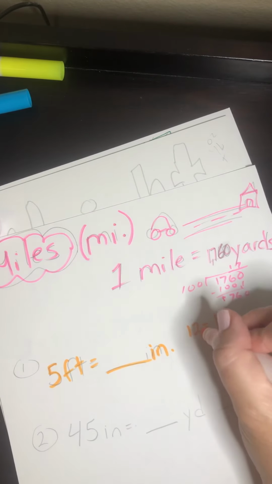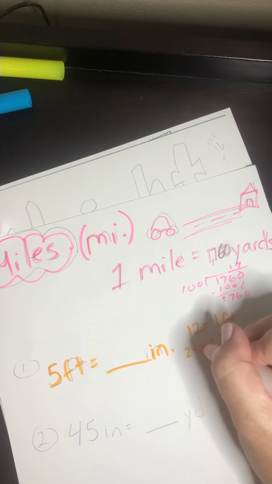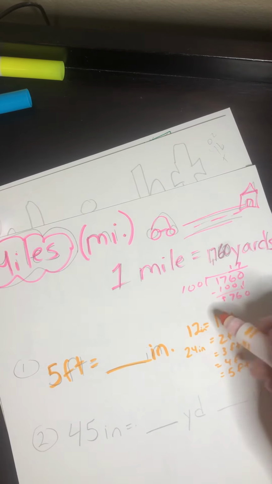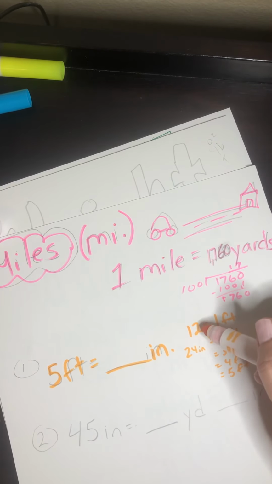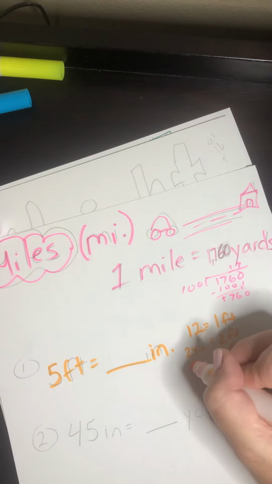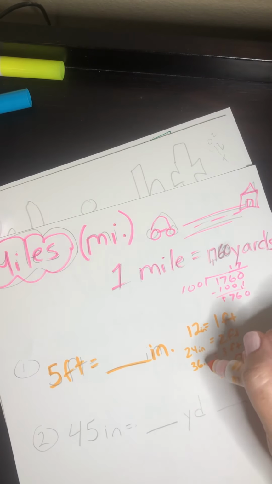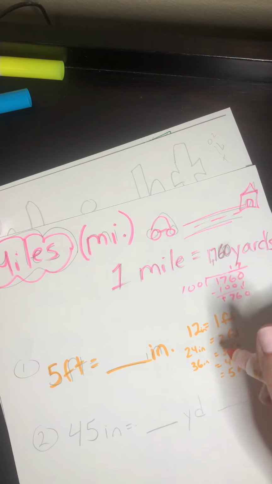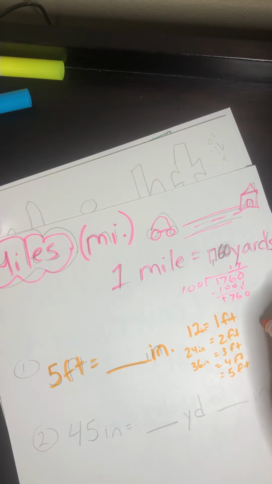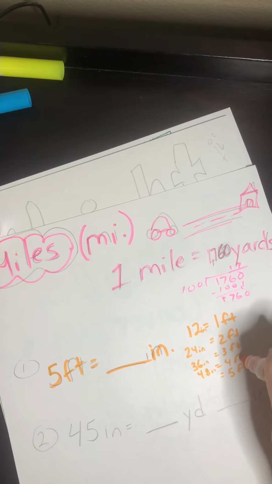So 12 inches equals 1 foot. 24 inches equals 2 feet. So all I'm doing is adding 12. 12 plus 12 equals 24. 24 plus 12 equals 36. So 36 inches equals 3 feet. And then 36 plus 12 equals 48 inches, which equals 4 feet.